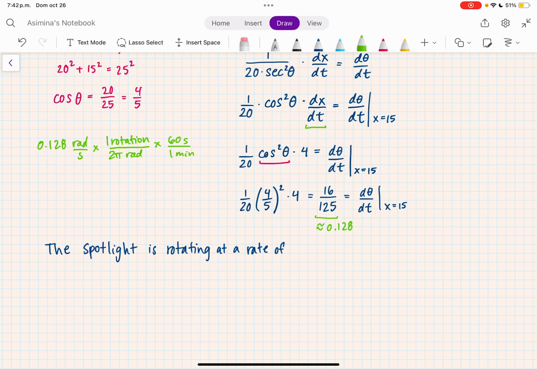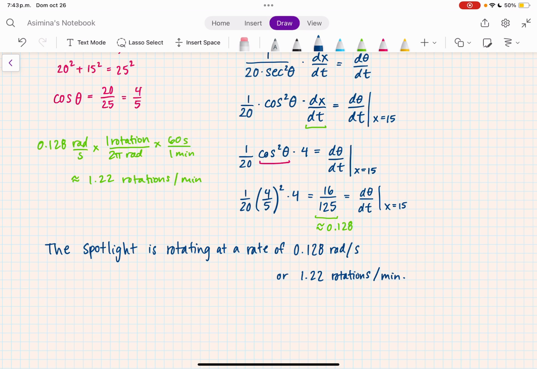And so if we multiply all that, we get that that's about 1.22 rotations per minute. So the spotlight is rotating at a rate of 0.128 radians per second, or you can say 1.22 rotations per minute. And this is the final answer.